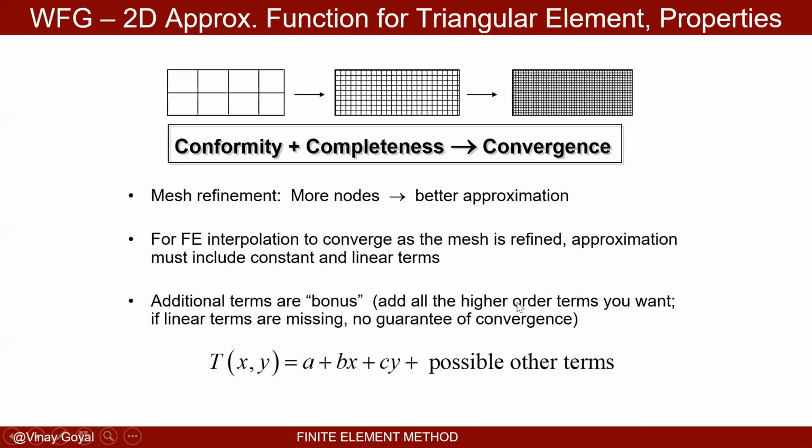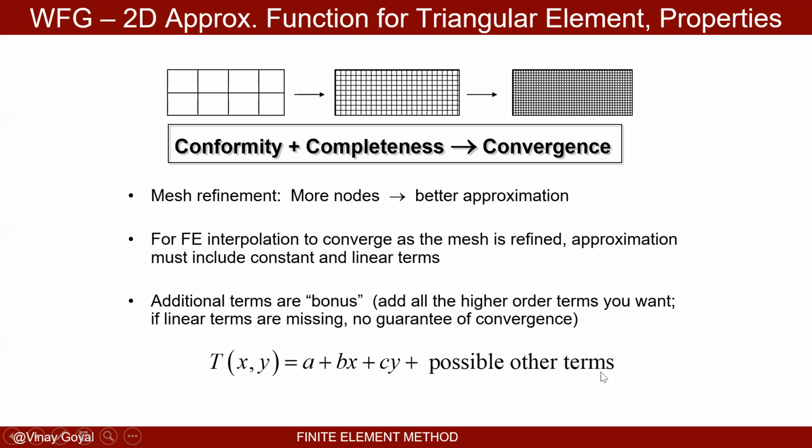I can add more terms if I want, but they're not guaranteed for convergence. I don't need them. I just have to increase the number of elements. That's one approach. I can add additional terms if we want, but we cannot just skip these terms. We have to keep these linear terms and then add more terms.